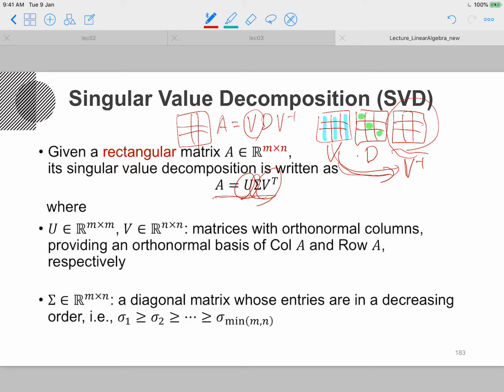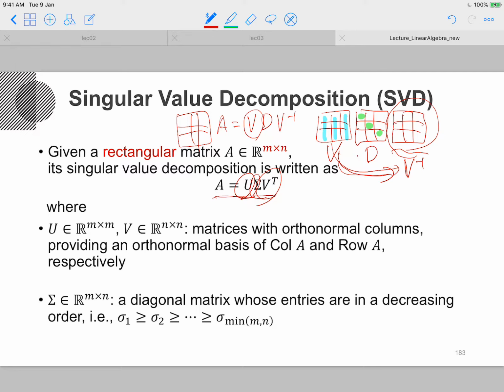Okay, so we have more freedom to obtain this decomposition out of the input matrix, right? The eigendecomposition is sometimes not possible to obtain, but in this case, because we have much more freedom, we can obtain this decomposition all the time.